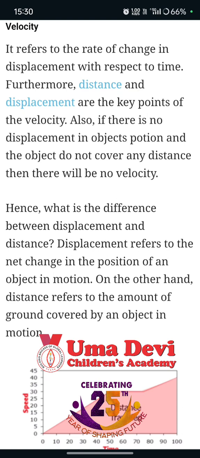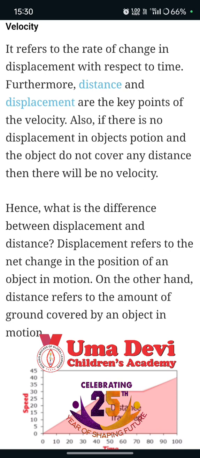No, the change in position is zero, because the object, after traveling a certain distance, is again coming to point A. But when you compare it with the distance, suppose the path traveled is x, the path traveled is something else, but the change in position is net zero.